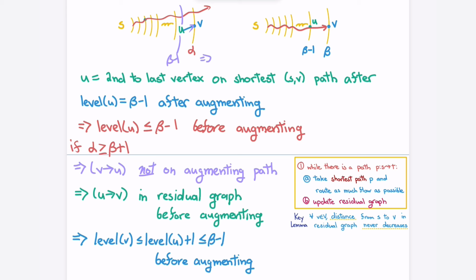But then that would require v to be at most one level away from u, and that would require the level to be at most beta, not beta minus 1, at most beta before augmenting. And now I have this contradiction. I said suppose by contradiction alpha is at least beta plus 1, but then that would still require it to be at most beta. That can't be possible, so this must have been wrong.